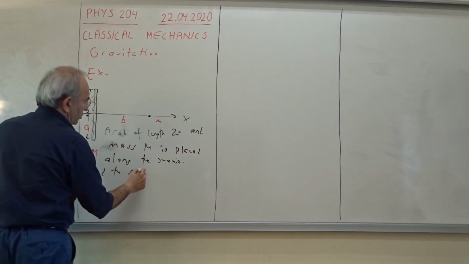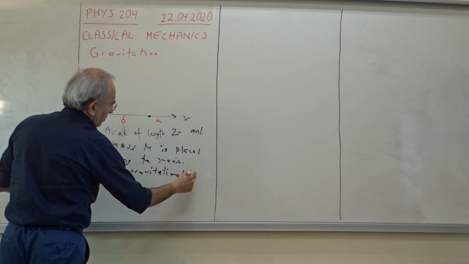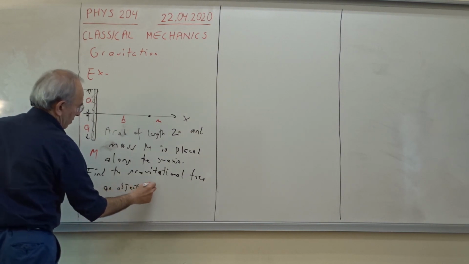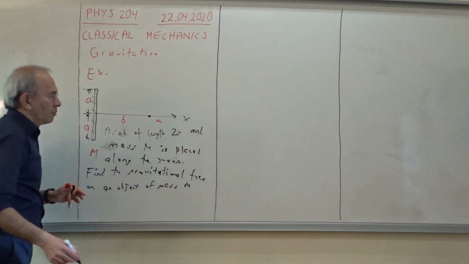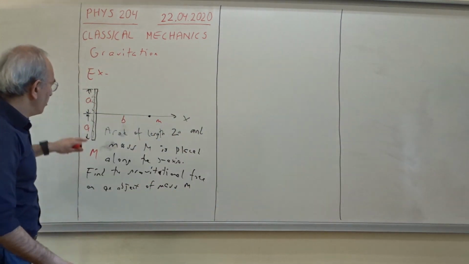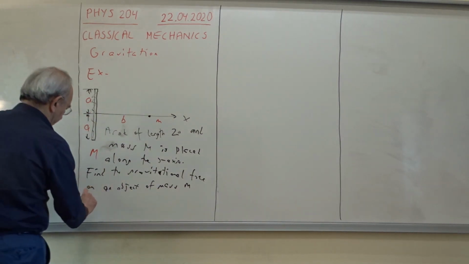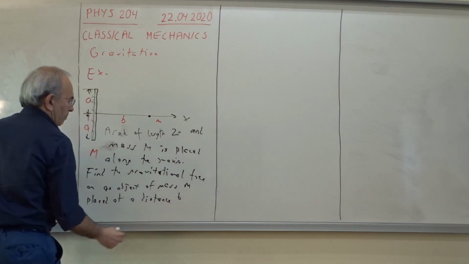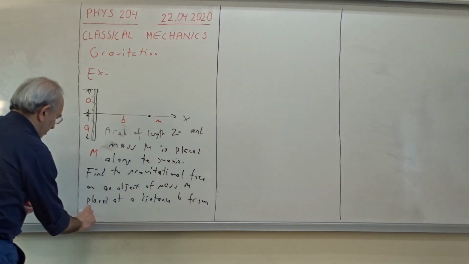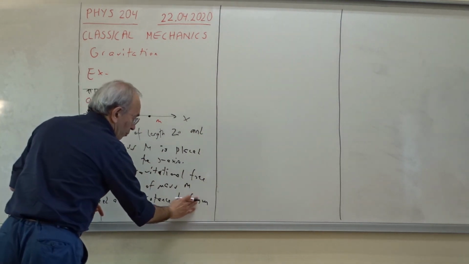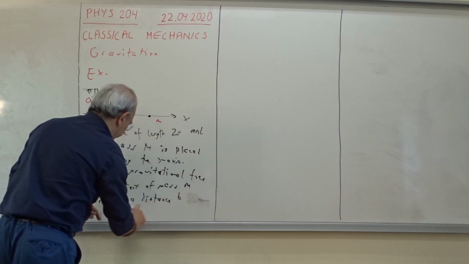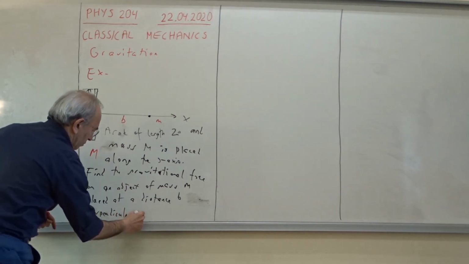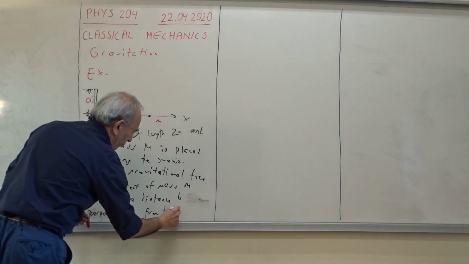Find the gravitational force on an object of mass little m placed at a distance b from the midpoint of the rod, at a distance b perpendicularly from the midpoint of the rod.